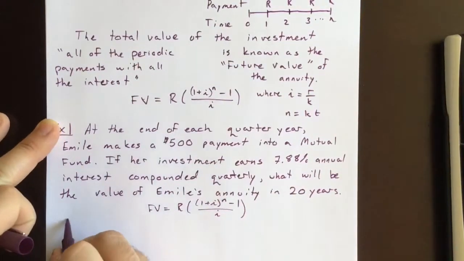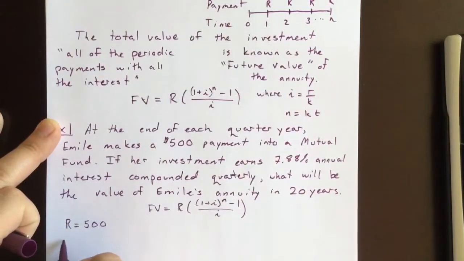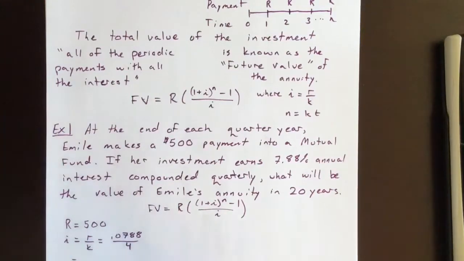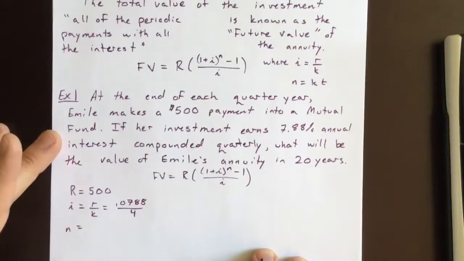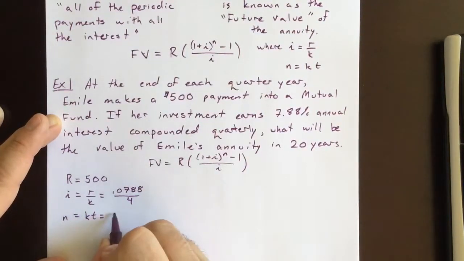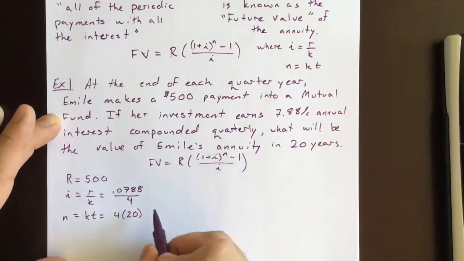Okay, we have the amount that we're paying. We have the information needed to find I, so that's the rate divided by K, so that would be 0.0788 divided by quarterly, so 4. And then we have everything needed to find N, so that would be K times T, or just 4 times 20 years, so 80.